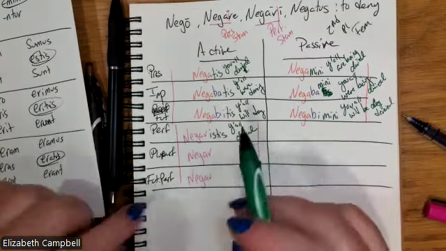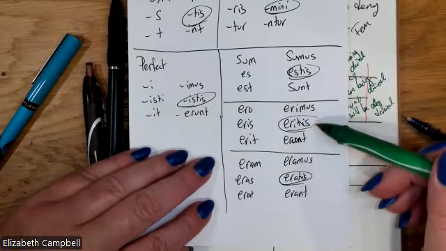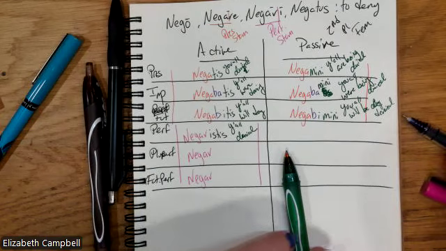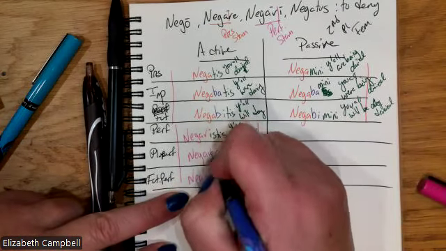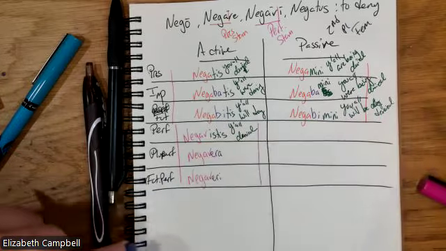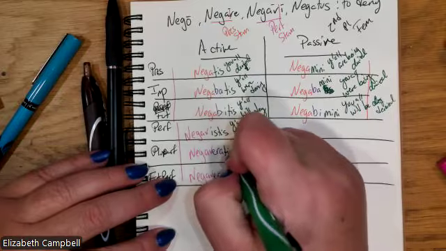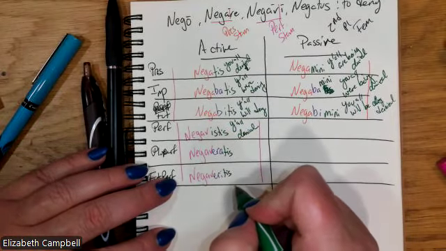For the pluperfect and the future perfect, you're basically using the eratus and the eritis. But if that's hard to remember, you can just say the tense marker is an era or an eri, and then you add the tis. You see that gives you the exact same thing, the eratus and the eritis.